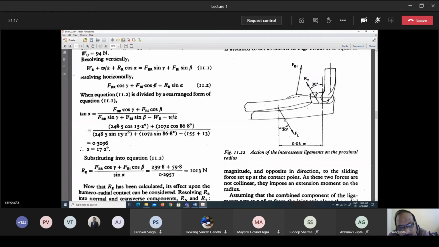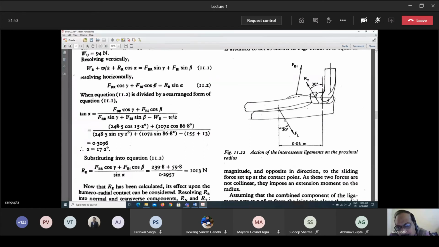So you will immediately recognize from the graph that, say, during abduction of the shoulder, the contribution of trapezius or deltoids becomes very significant as compared to other muscles like supraspinatus, infraspinatus, or a host of muscles. There are about 17 to 20 muscles which are crisscrossing the shoulder joint. Now, it is something like that.